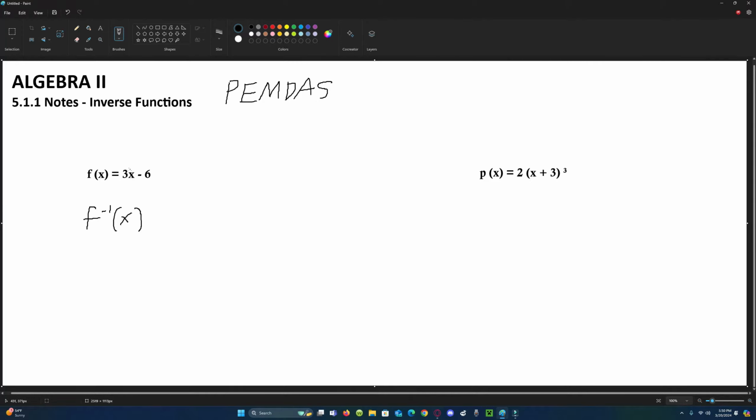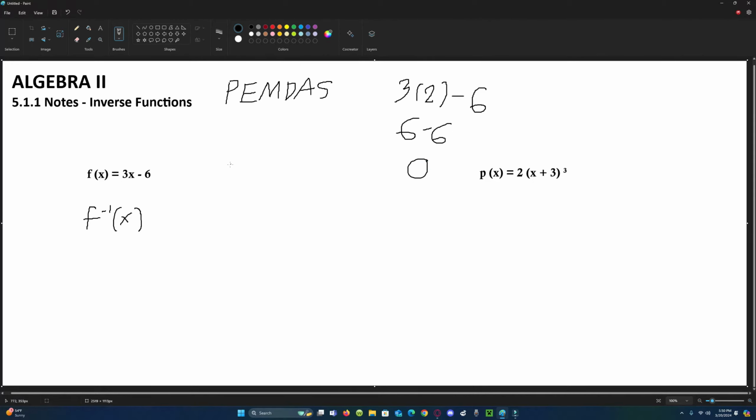If I were to use just this part of the expression, 3x minus 6, and replace the x with a number, say 2, you would start with the multiplication, and that would be 6 minus 6, and the answer is 0. That's how you would solve that according to PEMDAS.